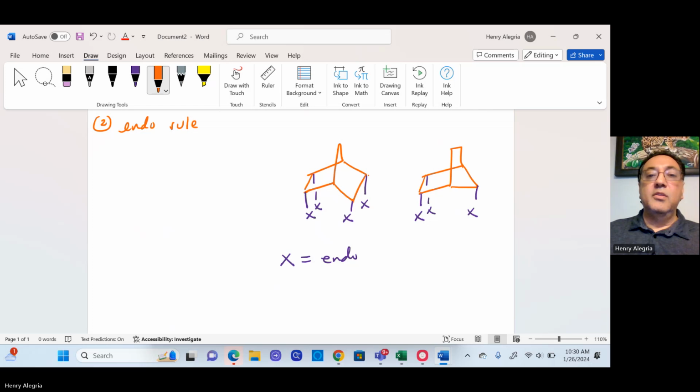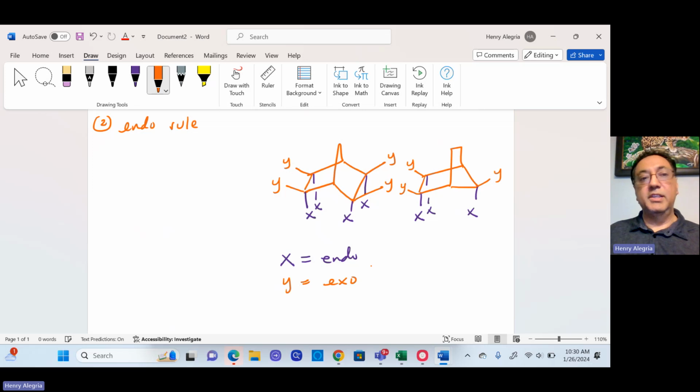Then those things that are oriented this way, like that, like that, like that, this way, and that way, that is what we call the exo orientation.